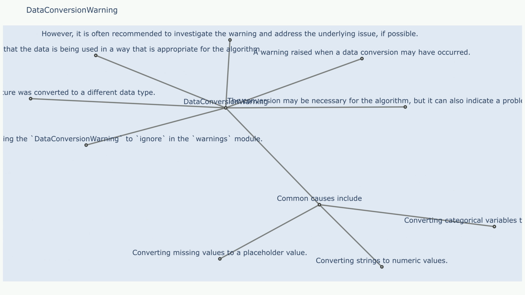Solution. Python: import pandas as pd. From sklearn.linear_model import LinearRegression. From sklearn.preprocessing import StandardScaler. data = pd.DataFrame({'feature1': ['1', '2', '3'], 'feature2': [4, 5, 6]}), then data['feature1'] = data['feature1'].astype(int) to convert feature1 to integer. scaler = StandardScaler(), scaled_data = scaler.fit_transform(data) to scale the data. model = LinearRegression(), model.fit(scaled_data, [1, 2, 3]).